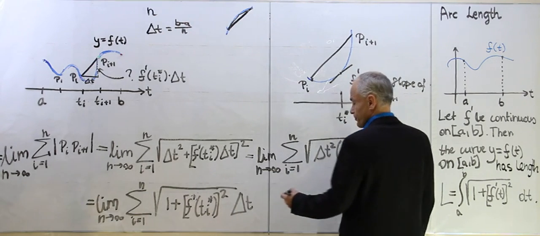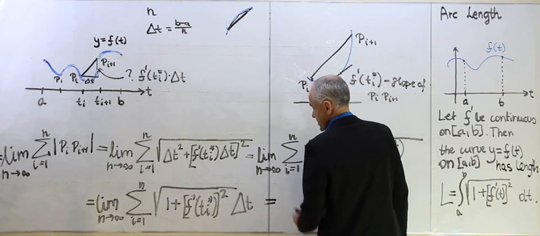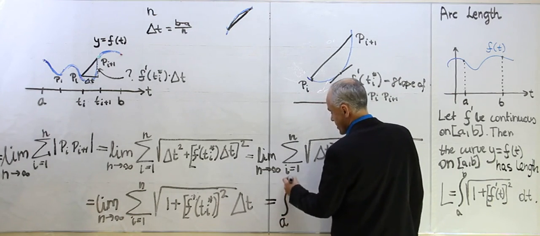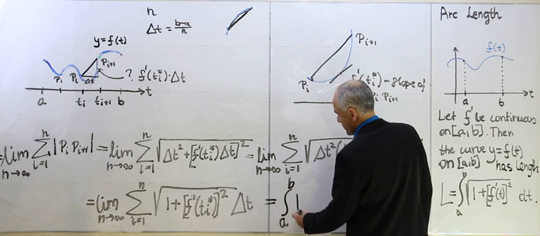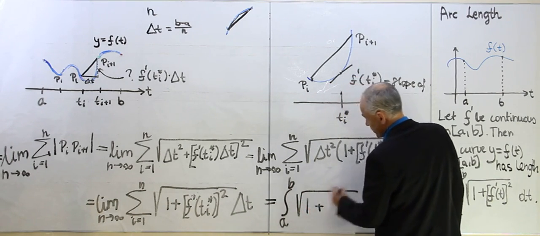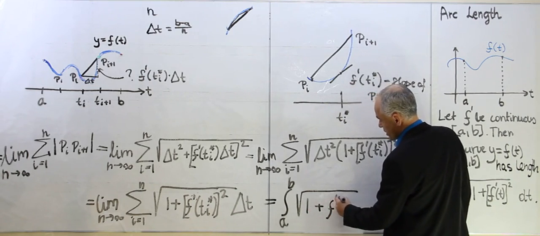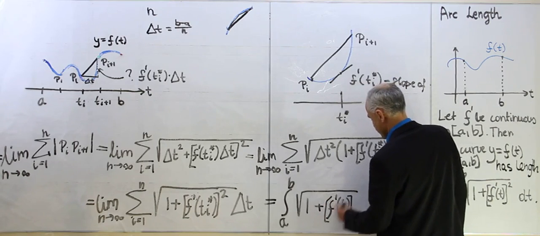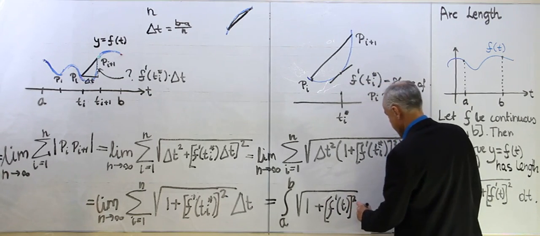In other words, this is the integral from a to b of the square root of 1 plus f prime of t squared dt.